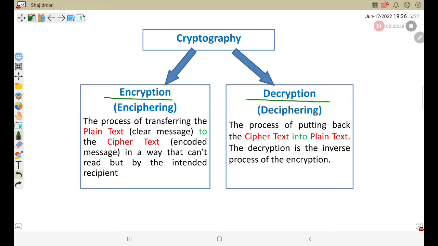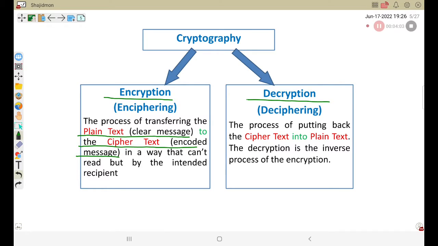What is the meaning of encryption? It is the process of transforming the plain text, which means the original or clear message, into the cipher text, the encoded message, in a way that it can be read only by the intended recipient. This is what we call encryption or enciphering.